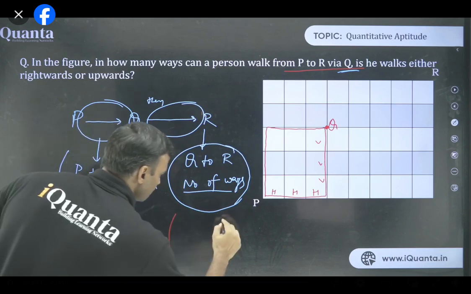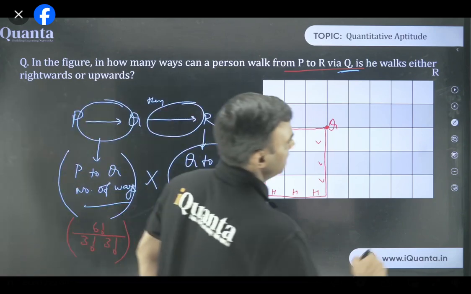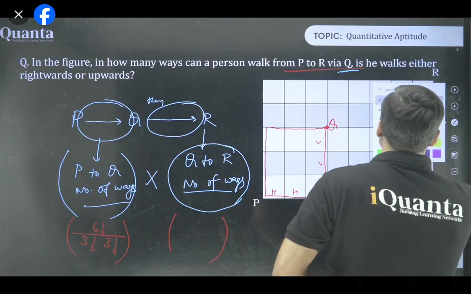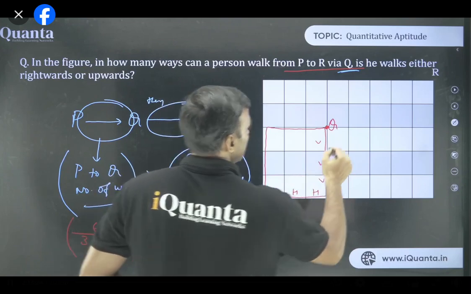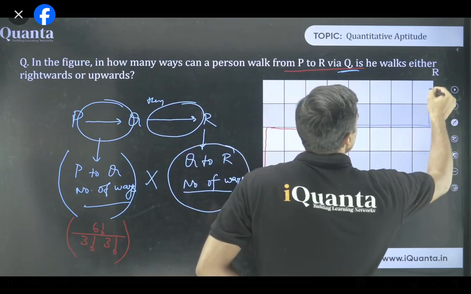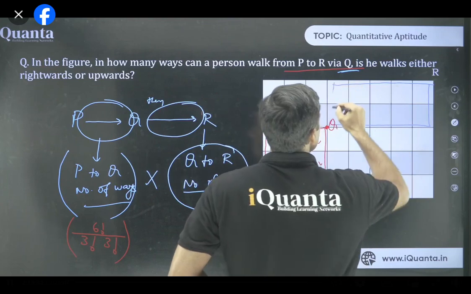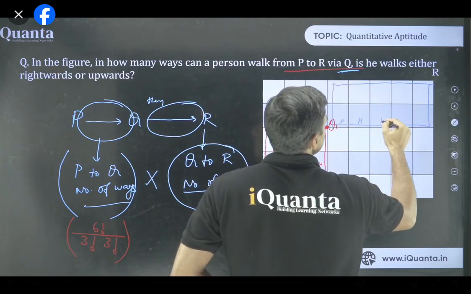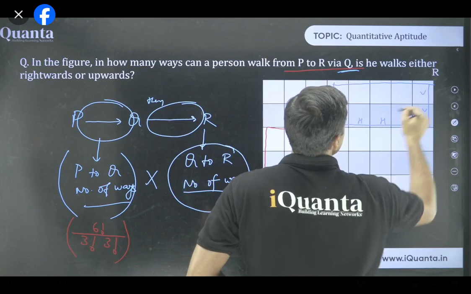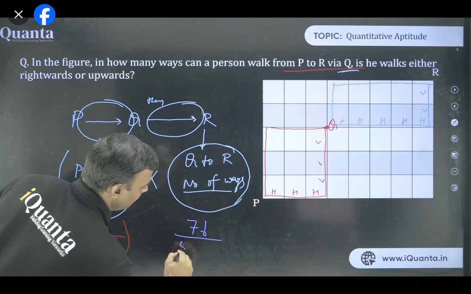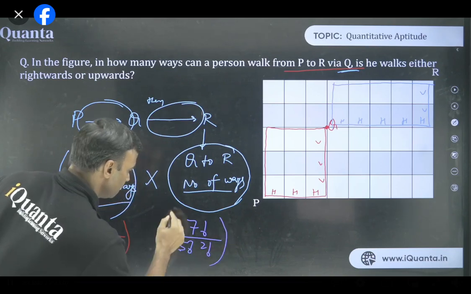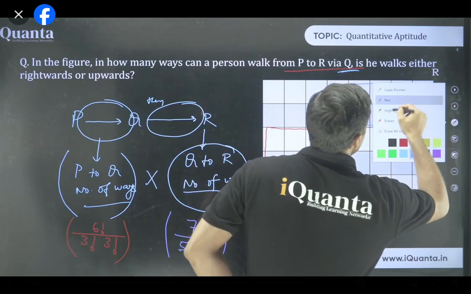Into the second part. The second part will be, look at this, here to here. This is the second box. So H, H, H, H, H, V, V. So 1, 2, 3, 4, 5, 6, 7. 7 factorial divided by 5 factorial, 2 factorial. है ना? And final answer will be the product of these two.